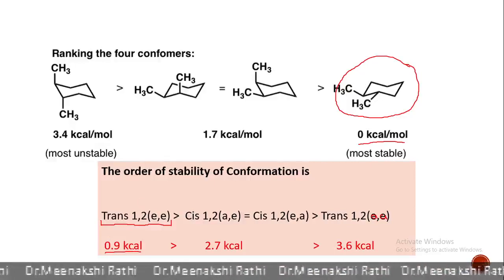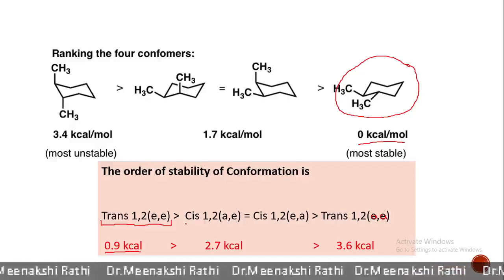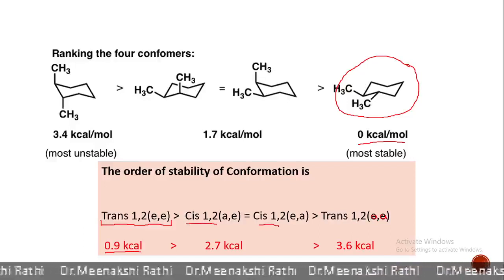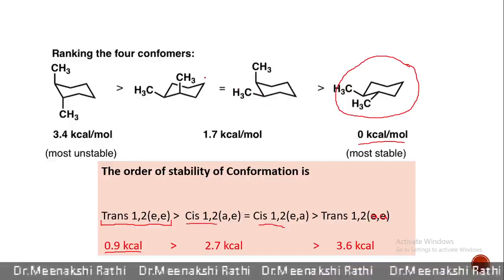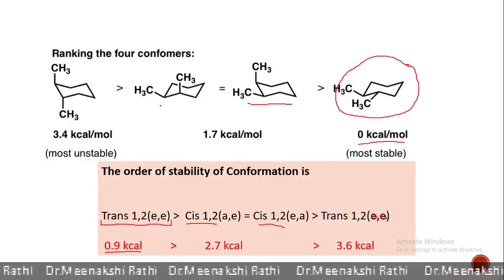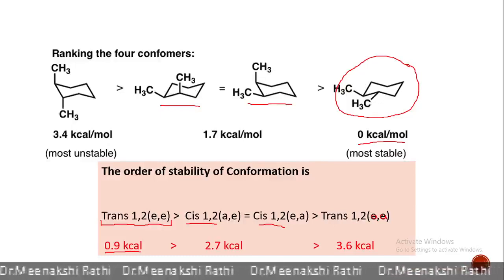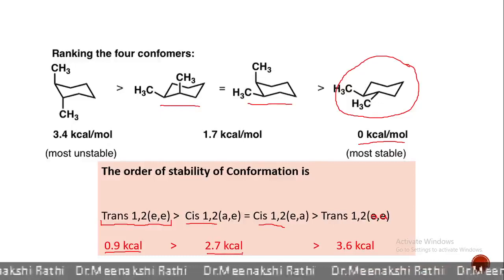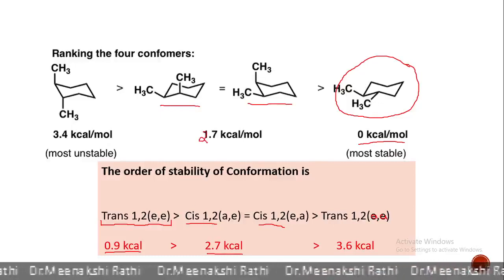It is more stable. While in case of cis 1,2-dimethyl, whether it is AE type or EA type, the total energy is 2.7 kilocalorie.